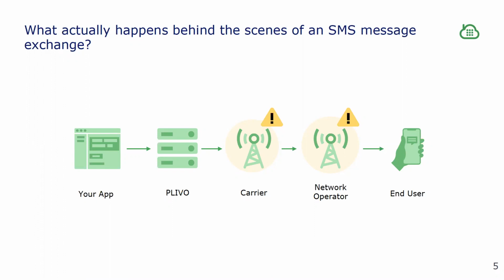The purpose of these filters is to make sure that their end users have a good experience. So when a message doesn't reach an end user, 99.9% of the time in the United States and Canada, it means that message content or something else about that message tripped a flag at the carrier or the network operator level, and that message was prevented from reaching the end user.